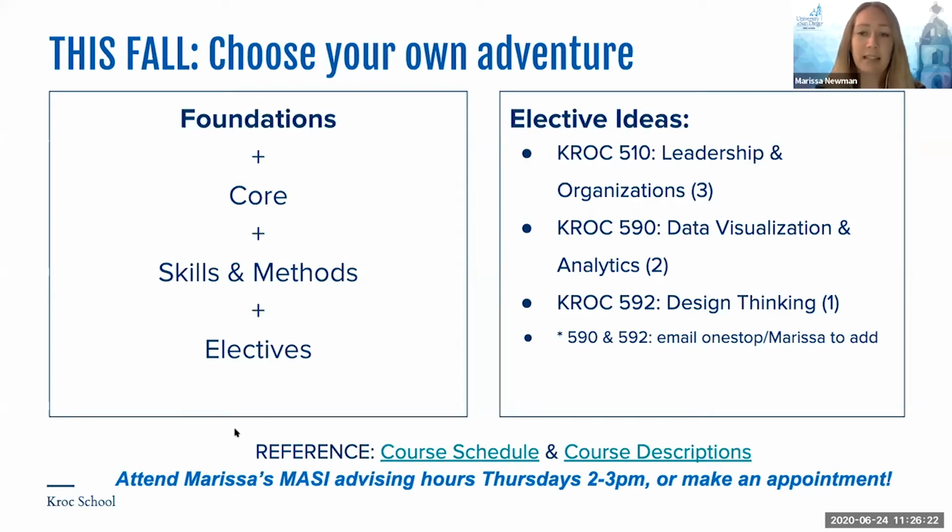Here I've highlighted leadership and organizations, data visualization and analytics, and design thinking. This shows you the diversity in not only unit amount, but subject and course offerings that we have. And I also want to add that I have specific MOSSE advising hours, drop in Thursdays, 2 to 3 p.m. And you can always make an appointment with me.